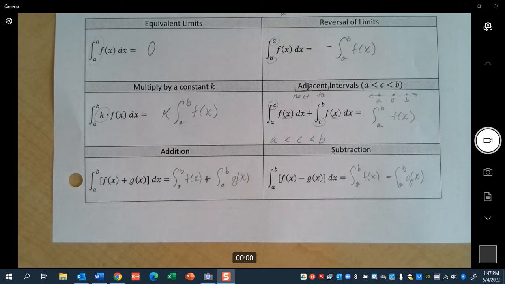So remember, the integral sign is going to be that operation that takes us from our rate back up to our original equation. So if we have a graph that we're given, or if we have a function that we're given, that function is our rate of change. And that accumulation of that change represents the total amount of whatever we're measuring, and that's what that area represents.